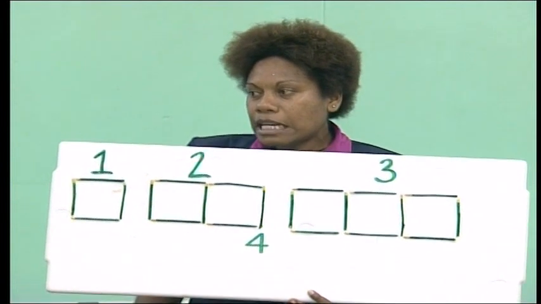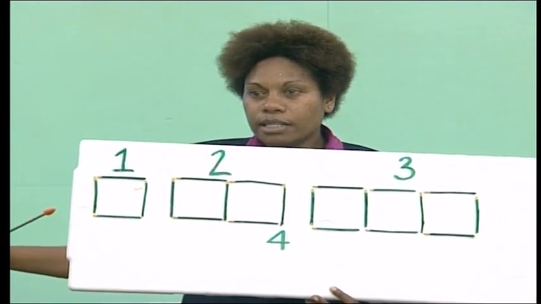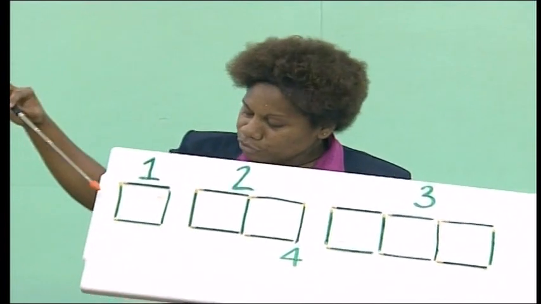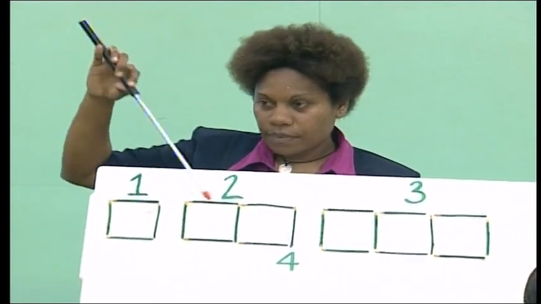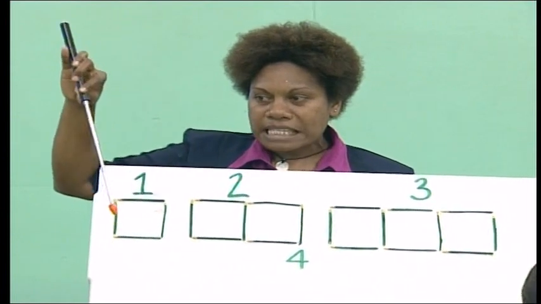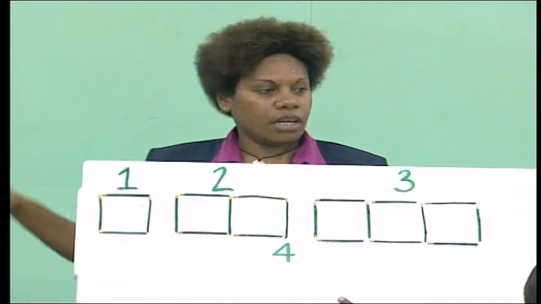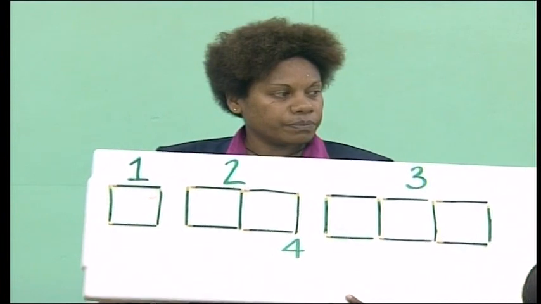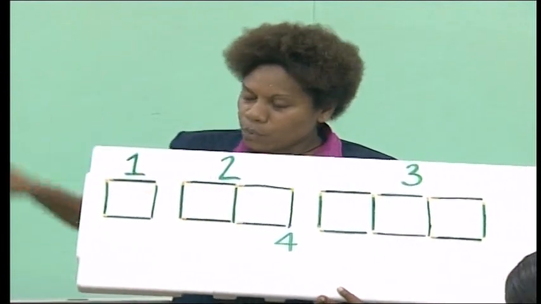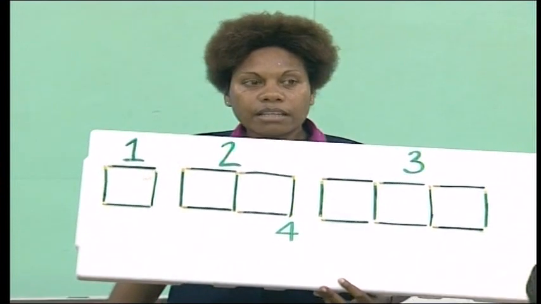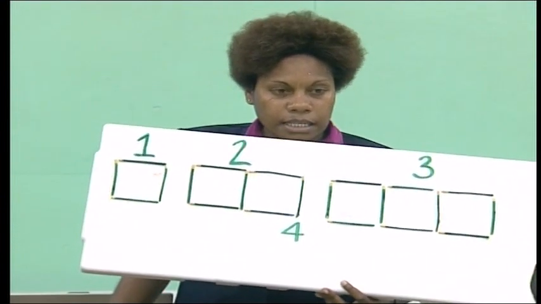Now, we've used sticks to form the squares. How many sticks form one square? 4 sticks. And so now, who can tell us the rule?